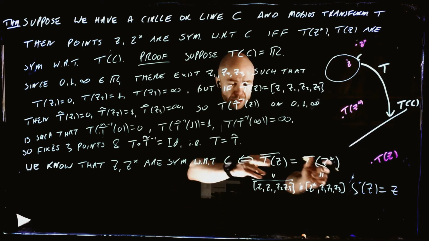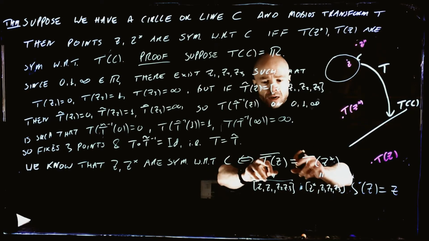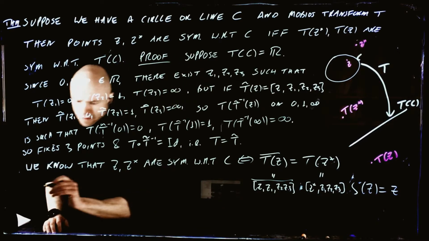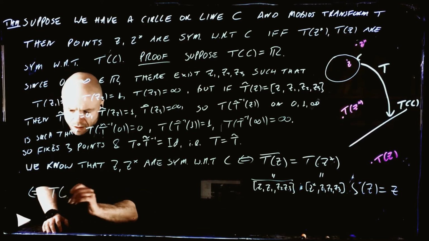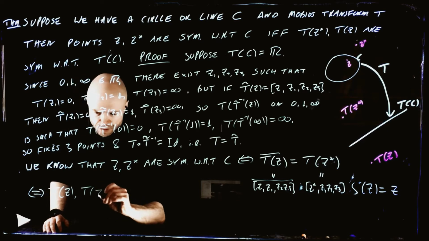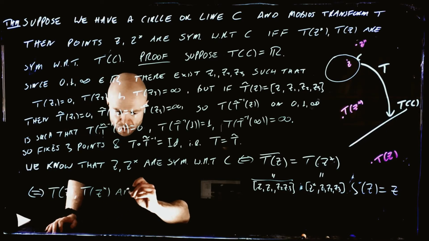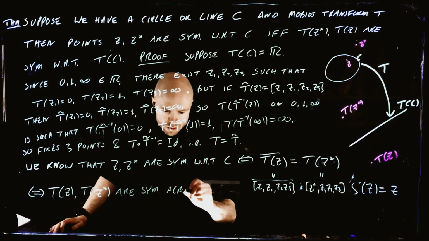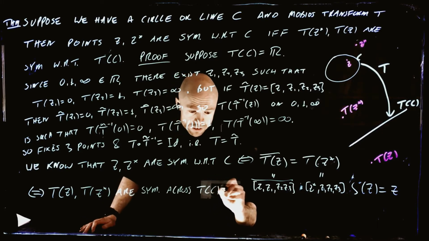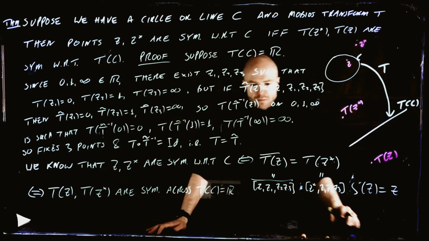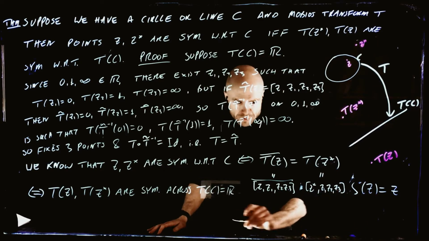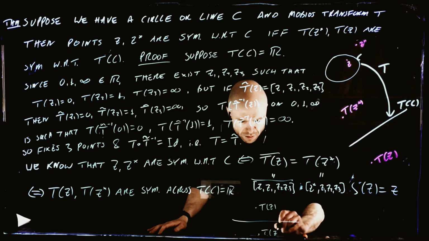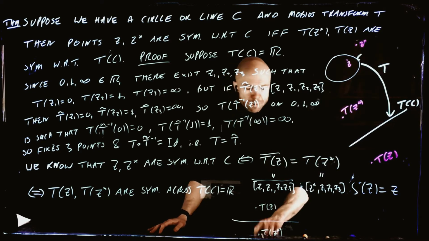All right, so these guys being symmetric exactly implies this. But this thing is exactly the statement that the images are symmetric across T of C. This is exactly saying that T of Z and T of Z star are symmetric across T of C, because T of C is just R. Because if we have R, then T of Z and T of Z star being symmetric is exactly this statement right here.